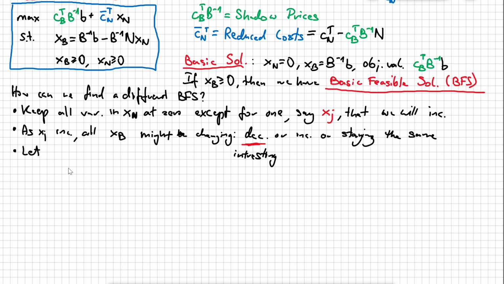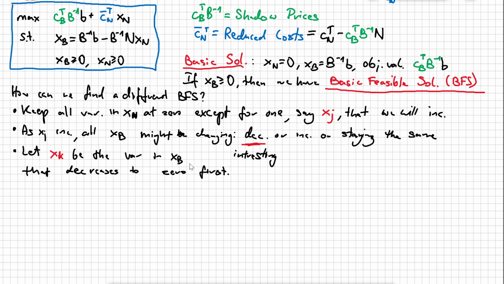So let's call this xk, small k, the variable in xb that decreases to 0 first.